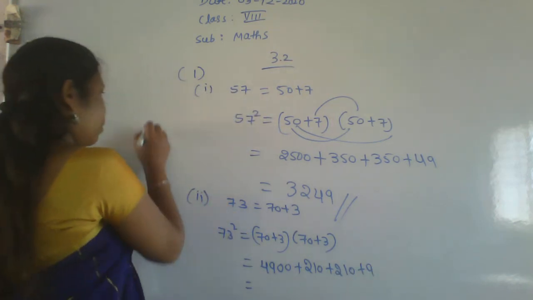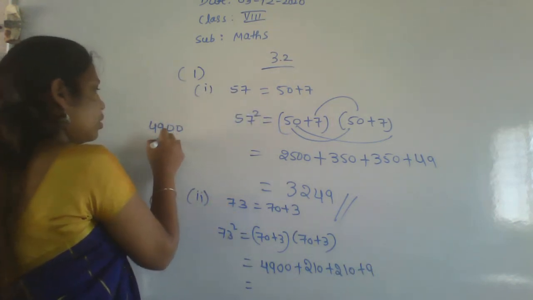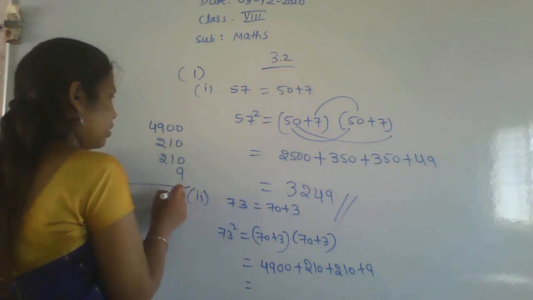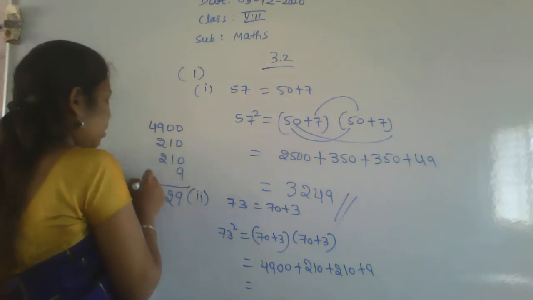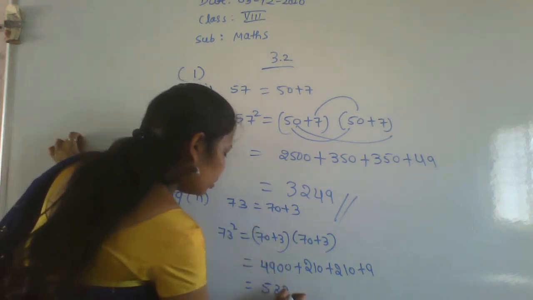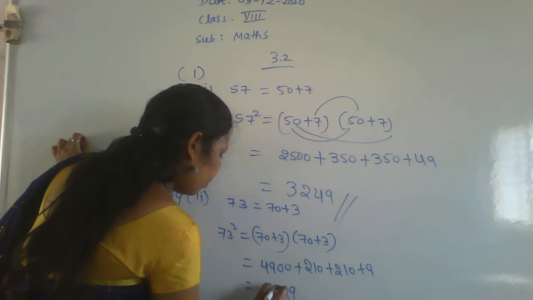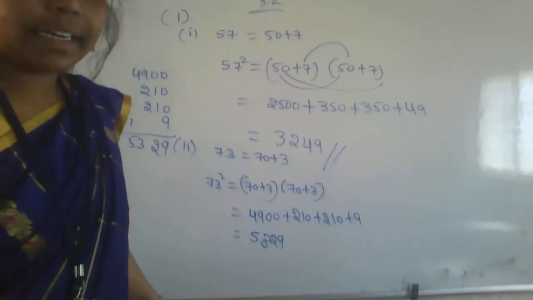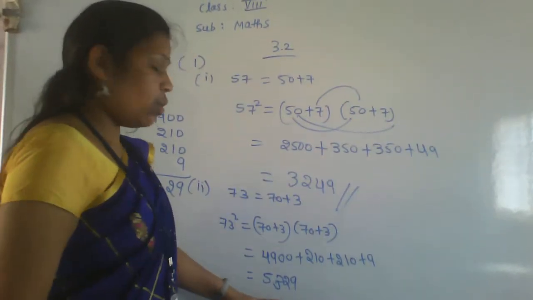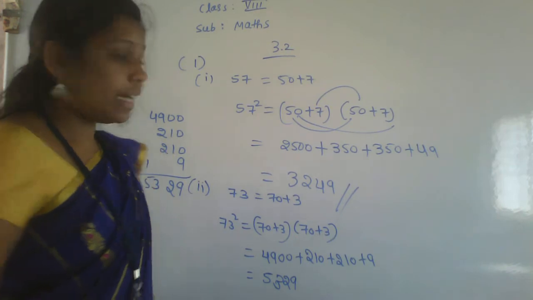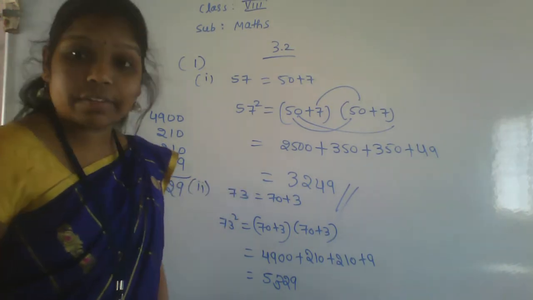So now add 4900, 210, 210, and 9. What is the answer? 5329 is the answer. Without doing actual multiplication, we found the square of this given number.